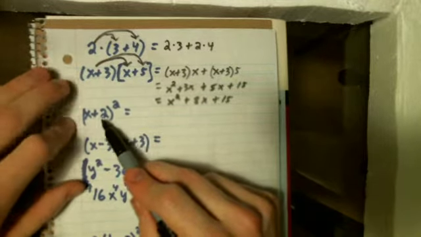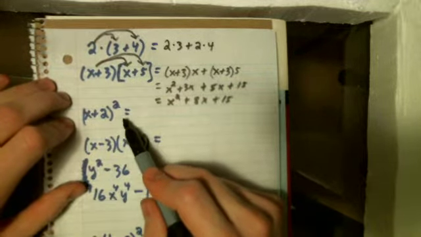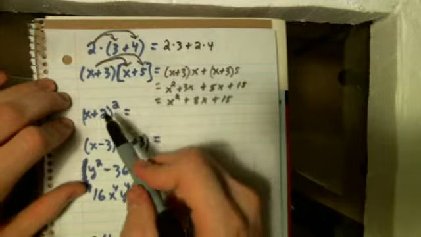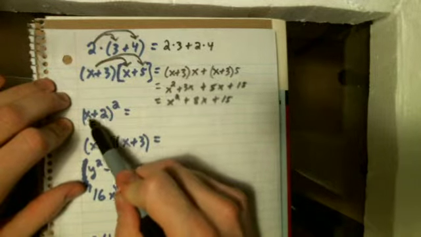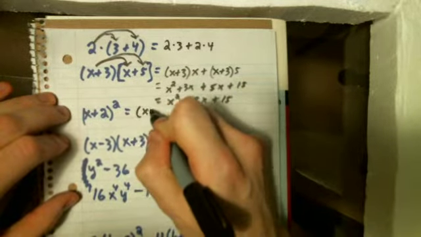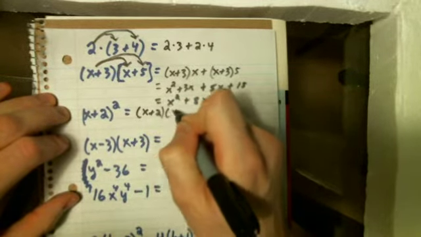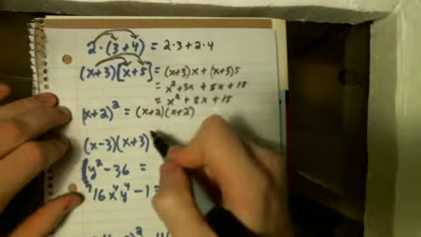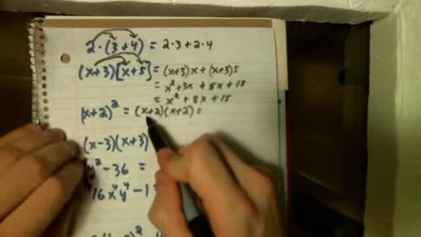All right, so let's say I have (x plus 2) quantity squared. Well, the exponent denotes how many of these quantities are being multiplied together. So (x plus 2) squared means I have (x plus 2) times (x plus 2). Okay, and we just learned how to expand this.